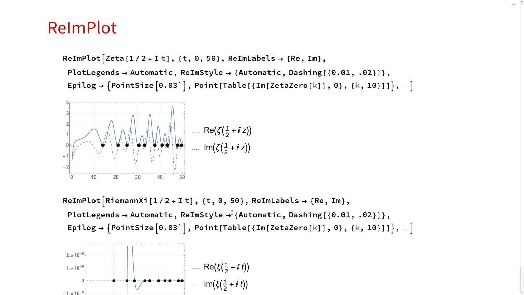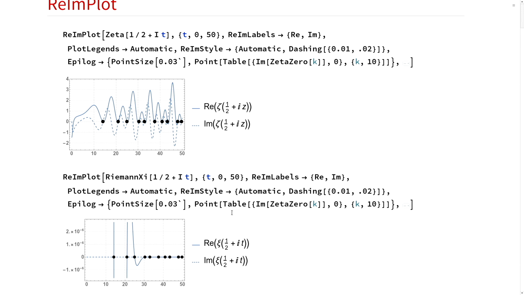We get this familiar looking plot of the complex numbers along the critical line. ComplexListPlot is built on top of ListPlot, so you can use options like Joined and scaling functions, and they will still behave like you would expect them to.